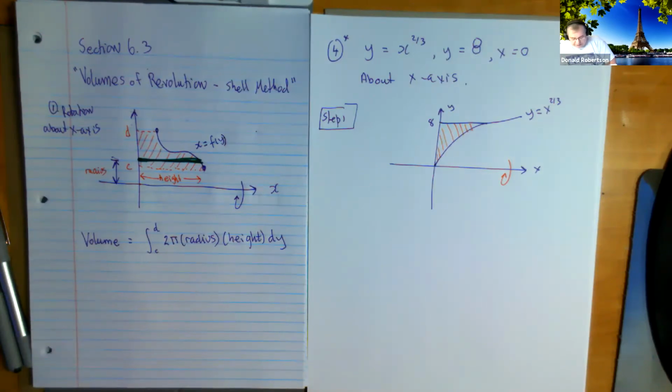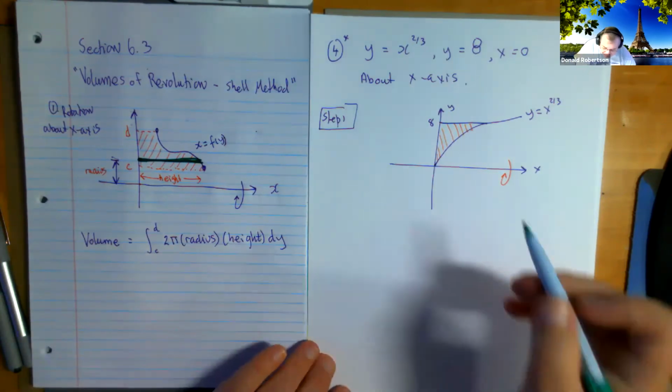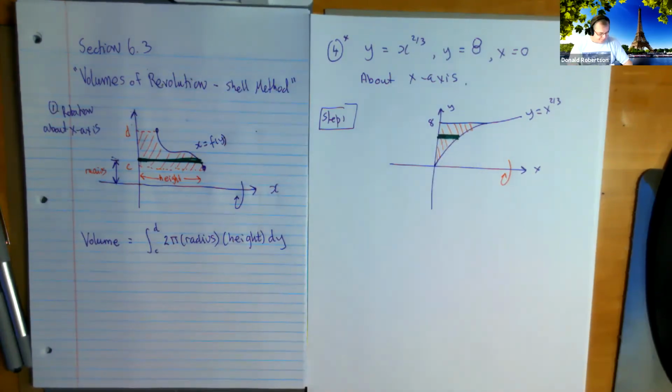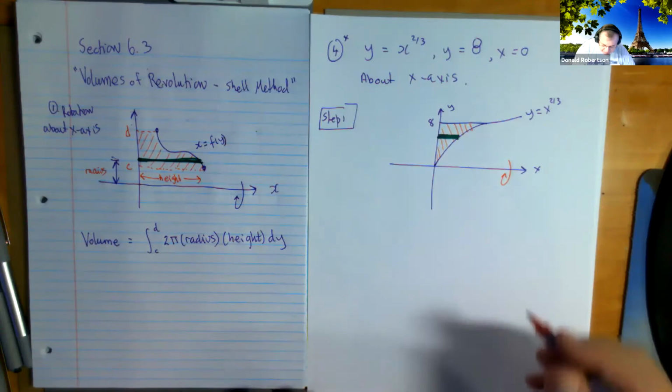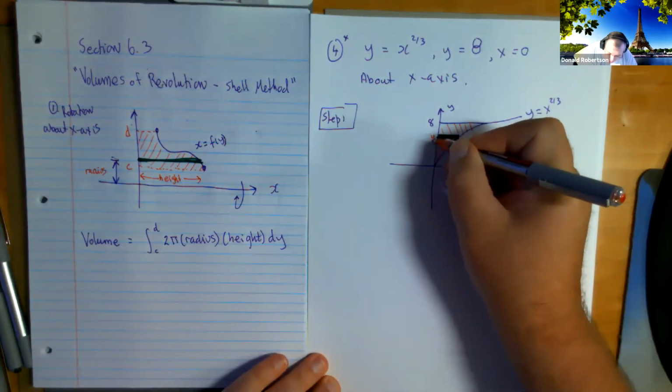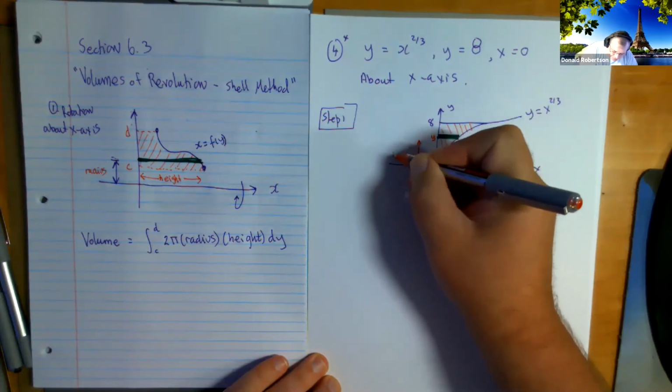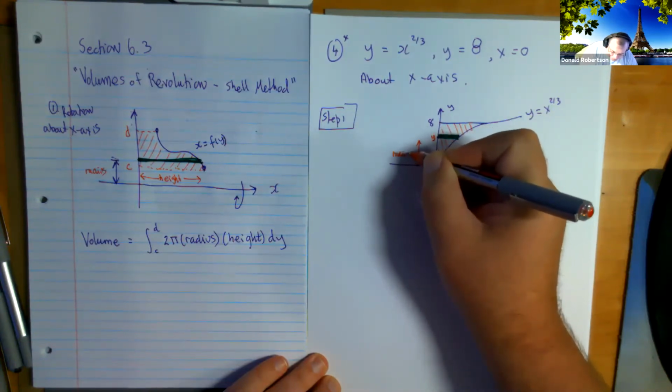So what we need to do here is take our little guy, that fella, and that tells me that he's at position y. And can you see that the radius then is y?